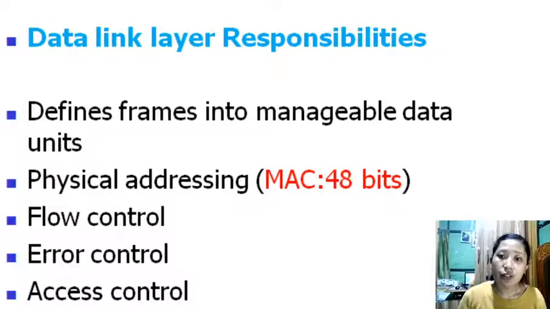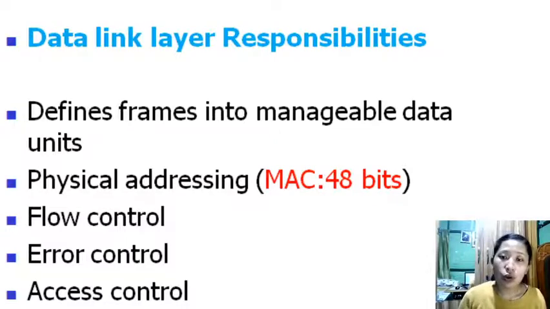The next function of the data link layer is access control, and this is mainly used whenever the network is being shared by multiple devices. If the channel or transmission media is simultaneously being used by more than one device, and they transmit their data simultaneously, then their data in the transmission media may collide with each other and be damaged.